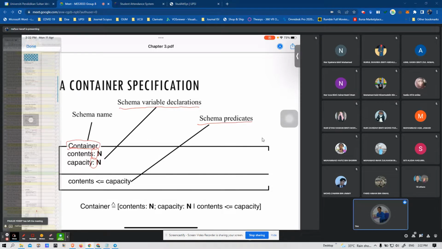We have name here, exp is a schema expression.